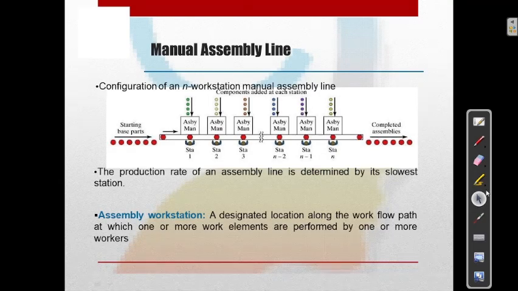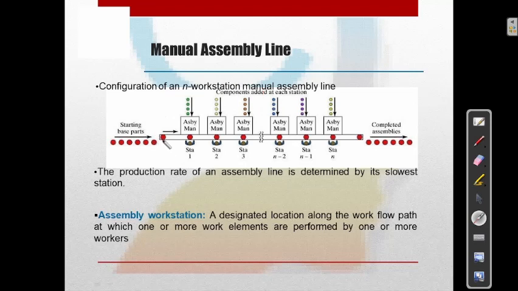This is an example of a manual assembly line. See here, the product will come from here. This is the starting base part, and these are the conveyors, and here the assembly men are. The components are ordered at each station.